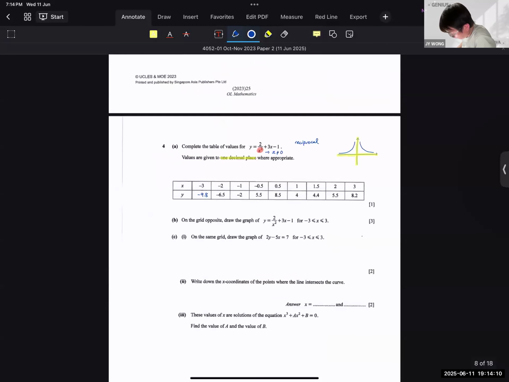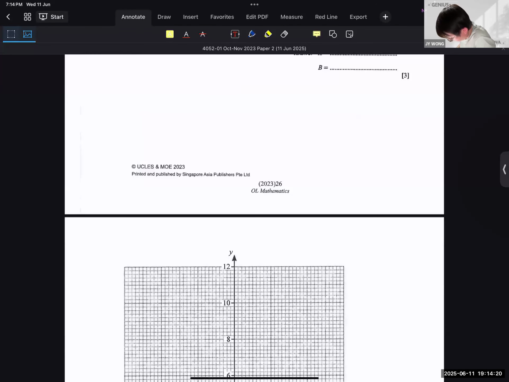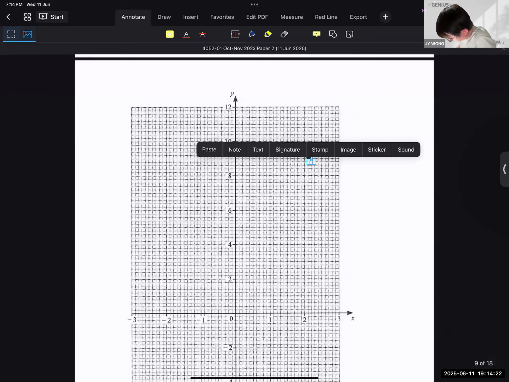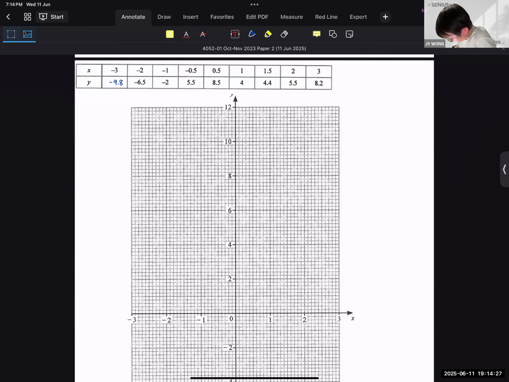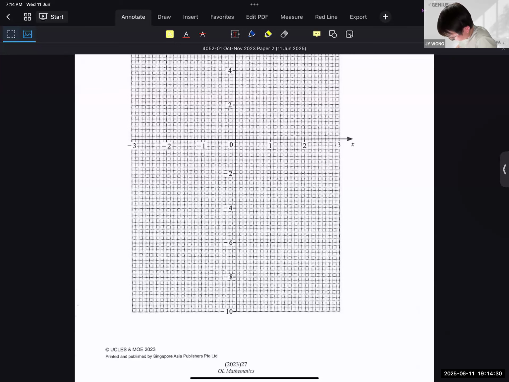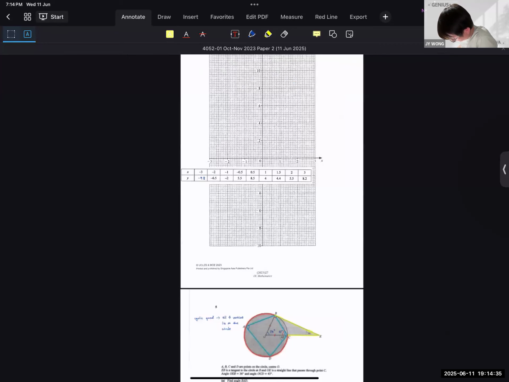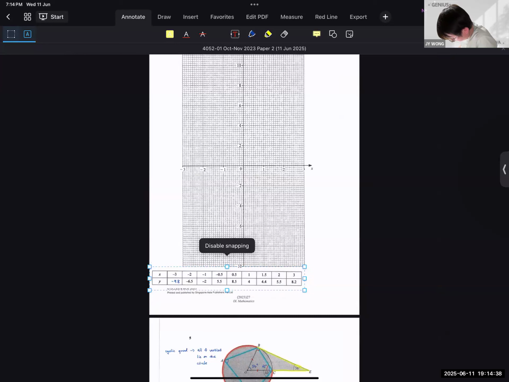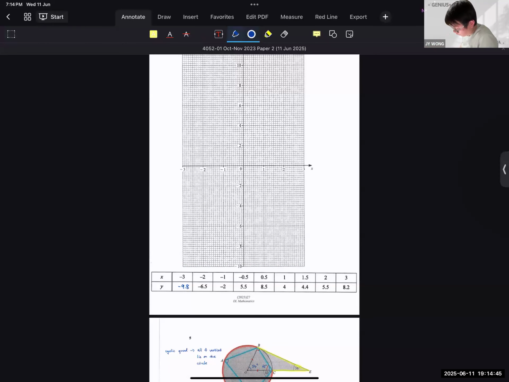And in the interest of time, I'm just going to copy this graph over. So when x is -3, y is -9.8.